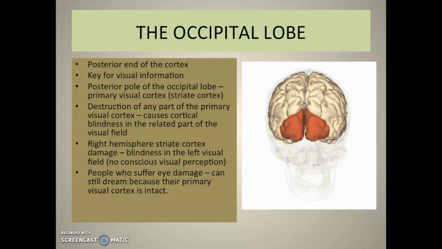Such studies have revealed that when there is a damage in the primary visual cortex, you might suffer cortical blindness, as in you're unable to actually perceive visual information. Which means your sensory receptors in your eyes are fine and intact, but still you will not be able to see.